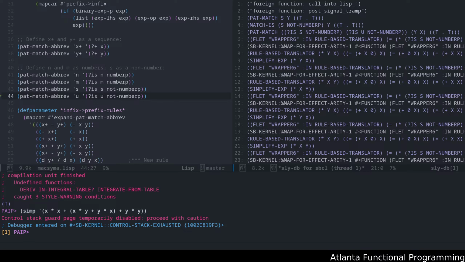But I feel like this is something that should have been fairly straightforward to implement, just because it's an extension of this already applied logic of dealing with symbols, which is we have this non-number symbol S, and if we just create yet another non-number symbol U, we should be able to actually go and handle all those cases.